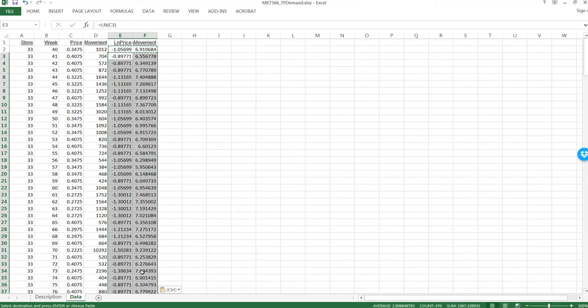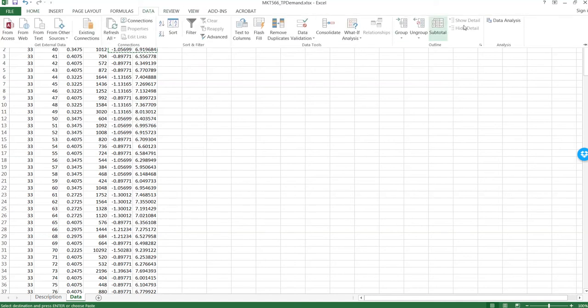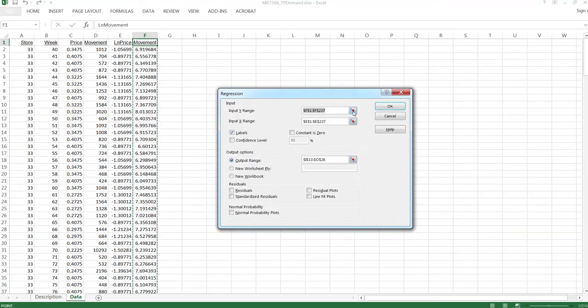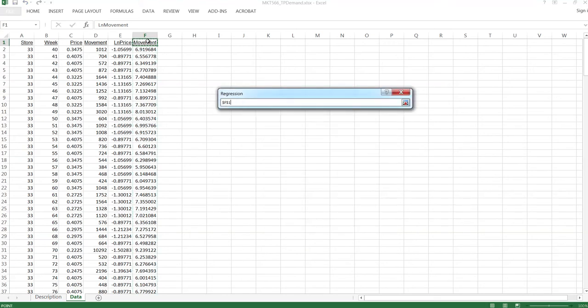Okay, now we have our log variables of movement and price, and we want to regress, again, log movement on log price. So to do that, use your data analytics package with regression. Enter for the Y the log movement.